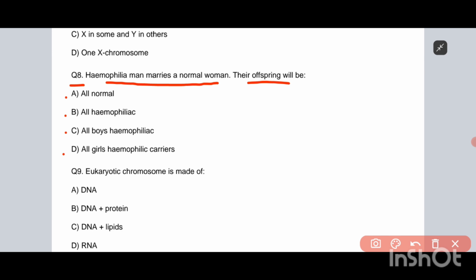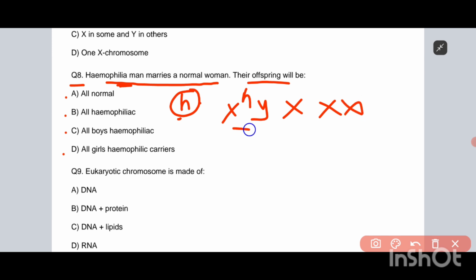So as we know that hemophilia is an X-linked recessive trait, and if we signify the hemophilic trait as X^H, so the hemophilic man will be in this genotypic condition, in diploid condition, and a normal woman is in this genotypic condition for their sex chromosomes in diploid set.